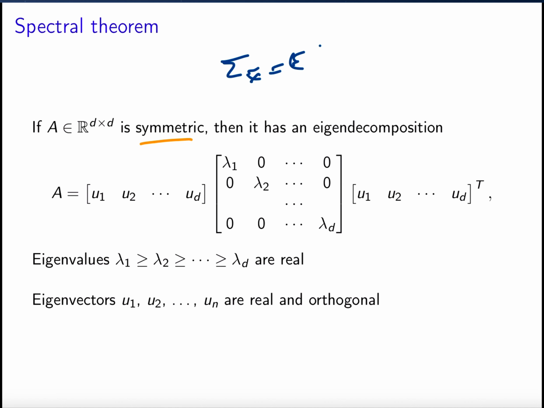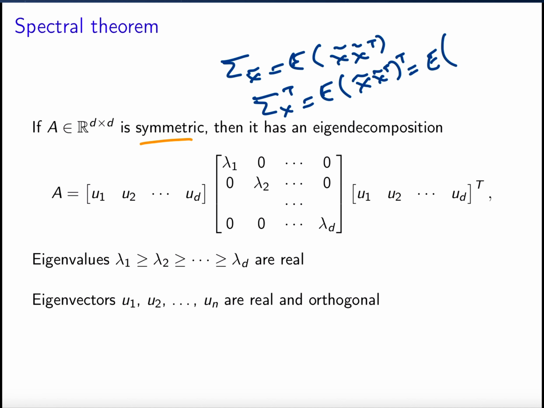A covariance matrix is the expected value of X X transpose. I'm just assuming that things are centered because I'm being lazy. If you look at the transpose, this is the transpose of the mean, but because the mean is just taking entry-wise expectations, this is exactly the same as transposing the matrix inside.